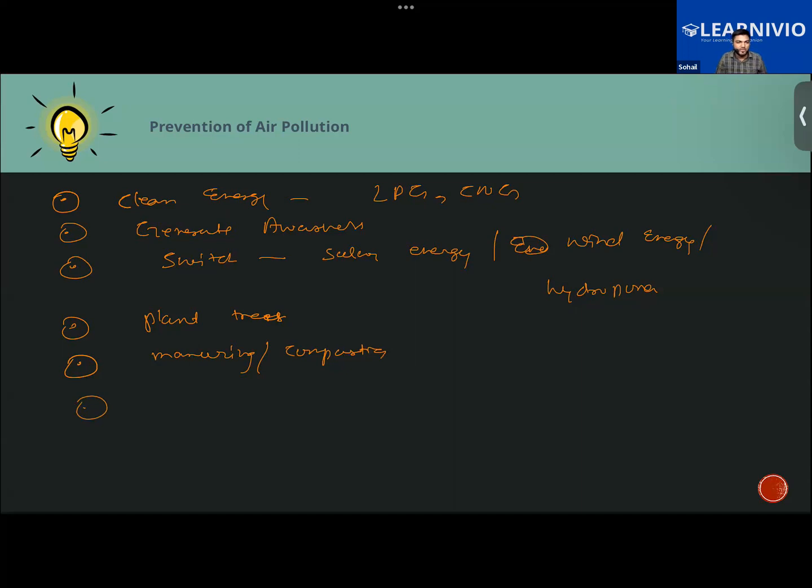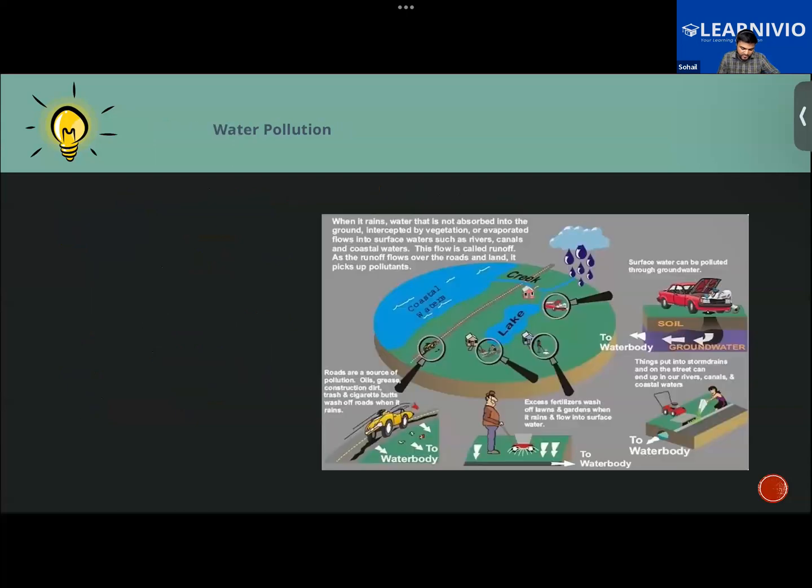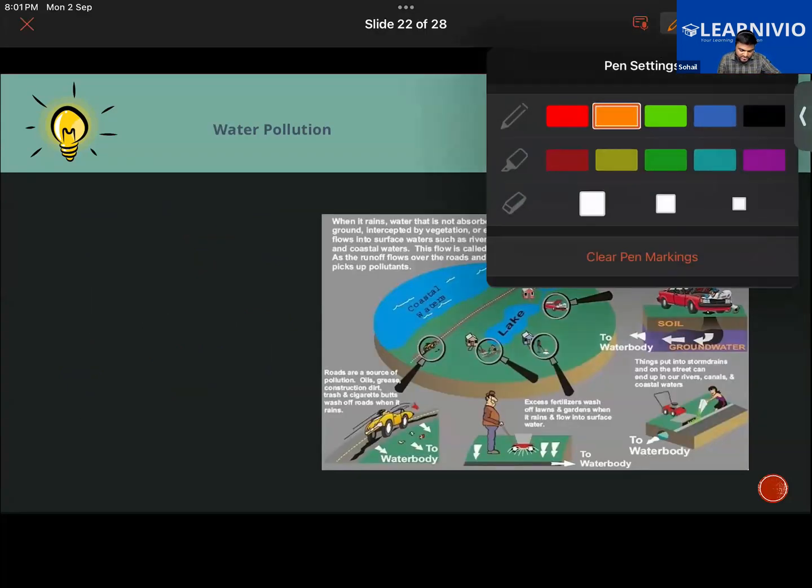Also, we can use eco-friendly paints and cleaning products for our houses and buildings, rather than synthetic materials. Also, rather than taking the car to travel short distances, we should use public transport.